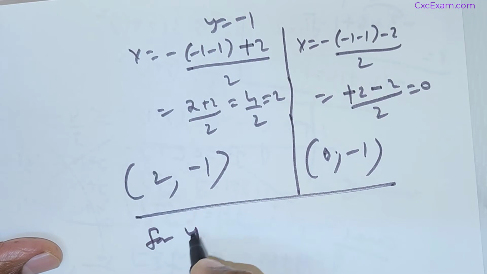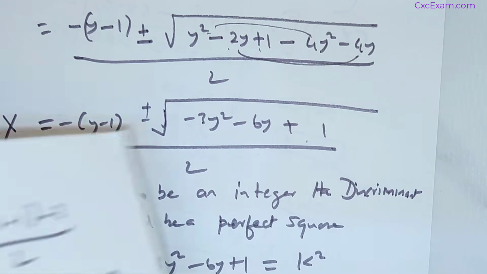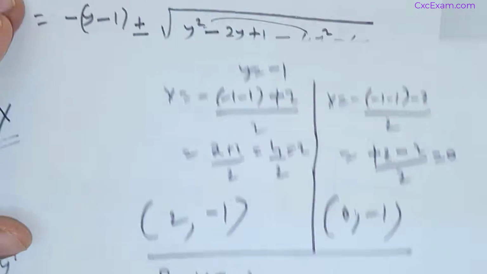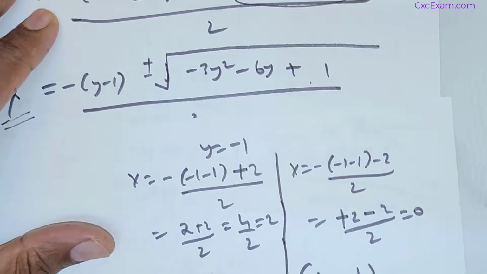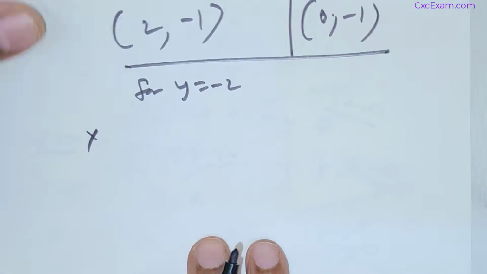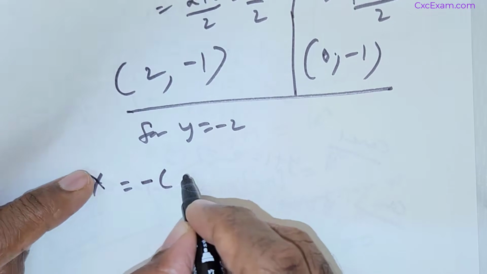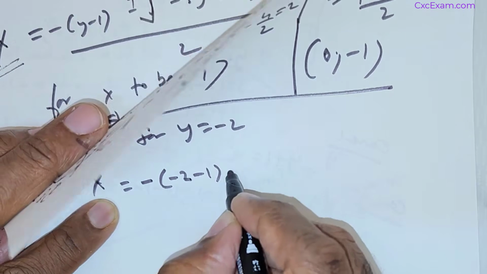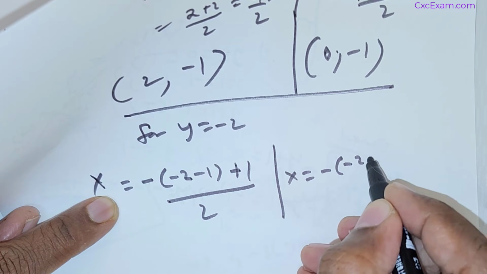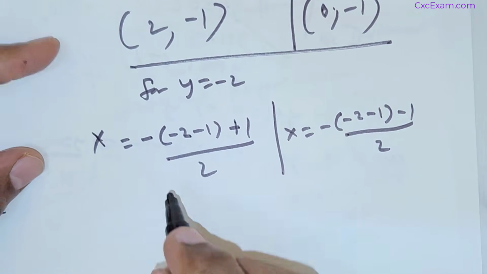So for y is equal to negative 2, you have two set of values you got for x. So x is equal to, let me write that, x is equal to negative 2, negative 1, positive 1 divided by 2, and x is equal to negative 2, negative 1, negative 1 divided by 2, or y is equal to 2.